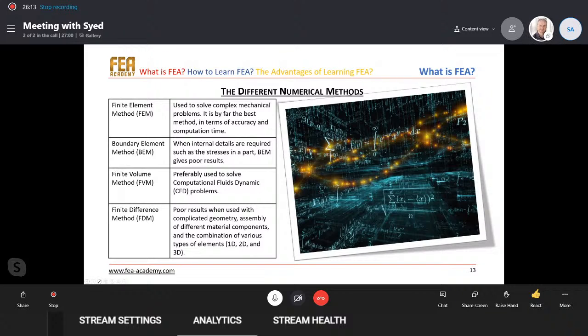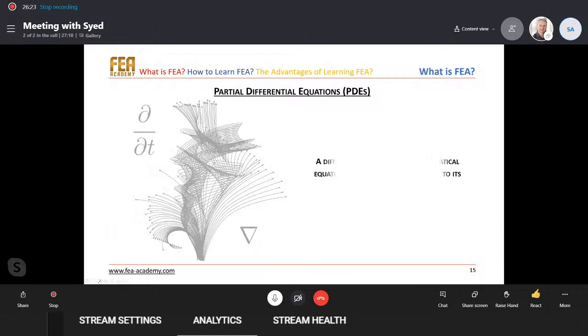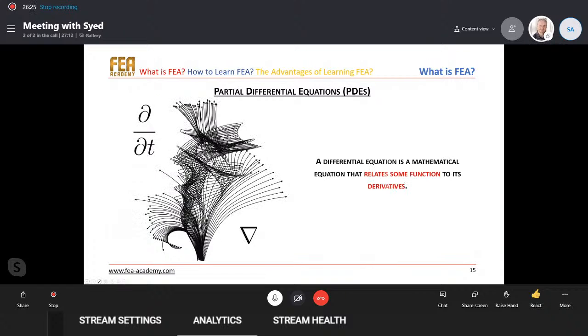So these methods share a common point. They approximate the solution to the partial differential equations that govern physics. Here, I want to do a quick reminder about partial differential equations. Don't worry, I don't want to do a math course, but I want to explain that a differential equation is a mathematical equation that relates some function to its derivatives.